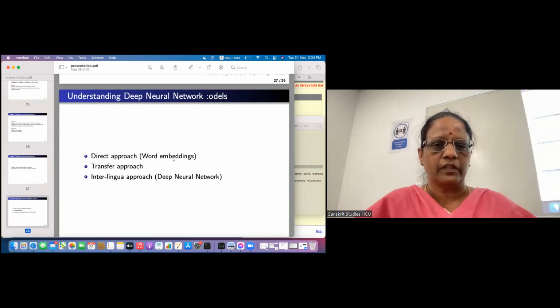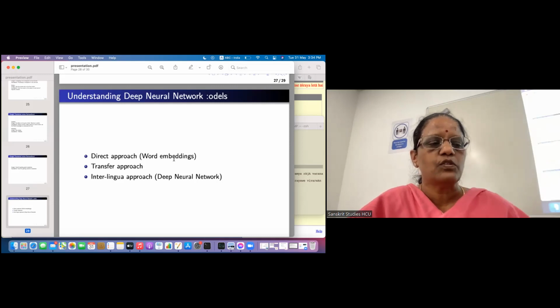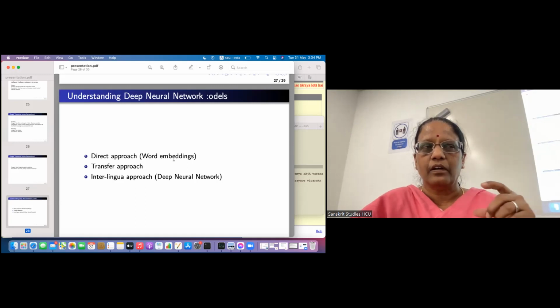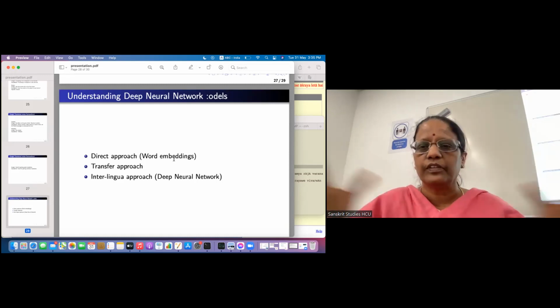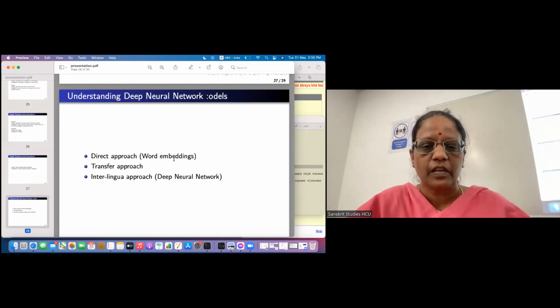Of course, when statistical methods failed, at that time, again, there was a boost for the grammatical approaches, and there were people working on grammatical approaches further. Now the limitation: the advantage of a deep neural network is that it can model the context very well in terms of these numbers, vector spaces.